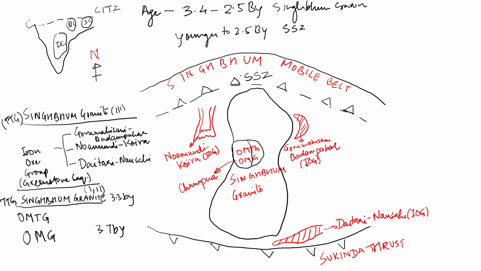Then after the Singhum granite phase 3 comes the Singhbhum group, which has an age of emplacement of 2.3 billion years, and it is followed by the Dhanjori group. Dhanjori. So if we see this, then other rocks which are exposed in this region include the Nilgiri granite over here.